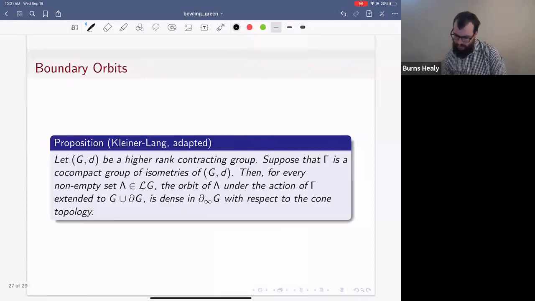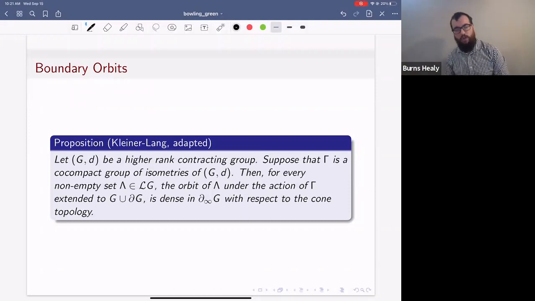And there's this density lemma that they show, and they say, okay, if you have a geometric isometric action and you act on the boundary with these cycles, then you get this density behavior with respect to the cone topology.